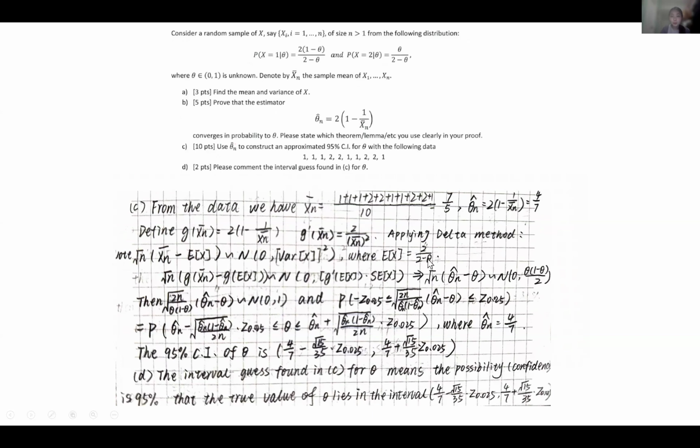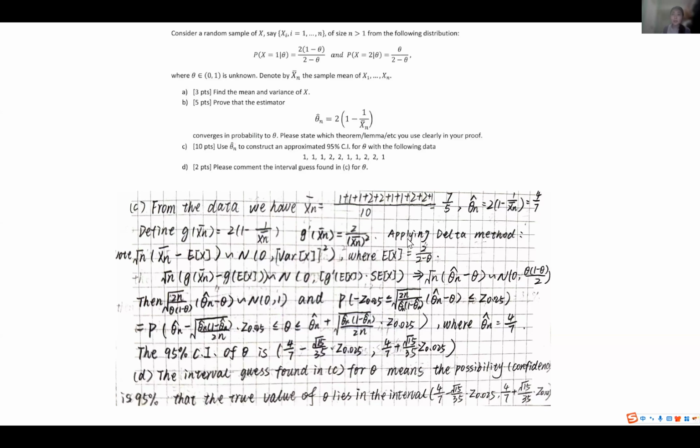Okay, for problem C, from these 10 data, we have S n bar equal to this, and the estimator of theta n equals this. This is from the definition in B, right? So we have these two numbers. And we define J as n equals this. So we have the derivation of J as n bar.